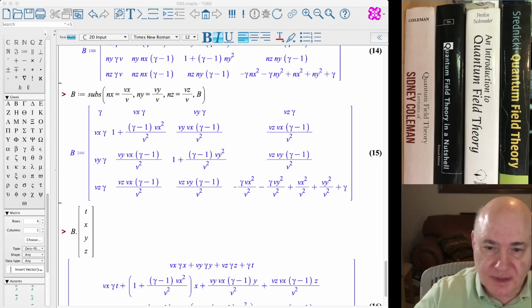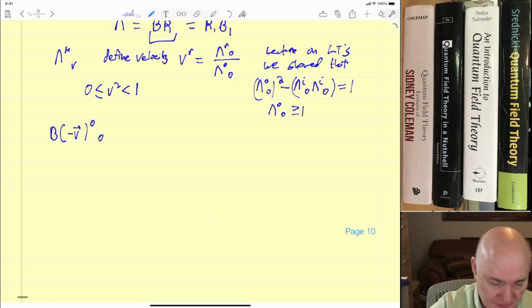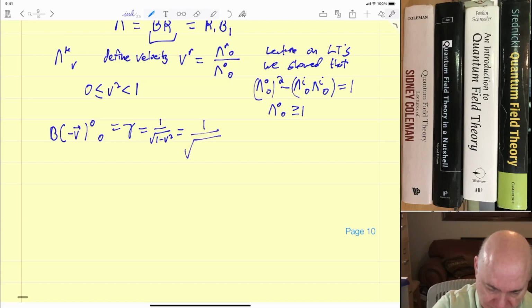The fact that we're taking the velocity opposite doesn't affect gamma. Remember, the definition of gamma is 1 over the square root of 1 minus v squared. And this is equal to 1 over the square root of 1 minus lambda r0 lambda r0 over lambda 0 0 squared.